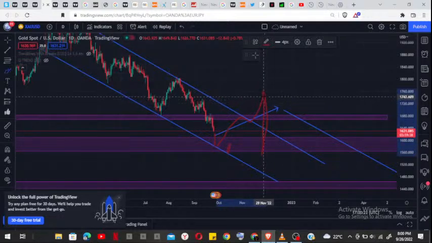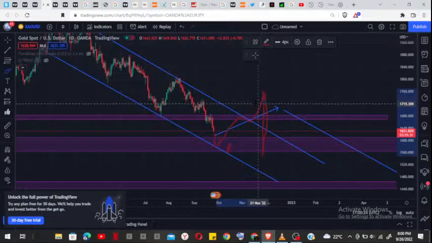It can't go up to this level, I don't think so at the moment, unless there are a lot of buyers coming in, not just retail buyers, but big financial or big institution buyers coming in to buy the market.